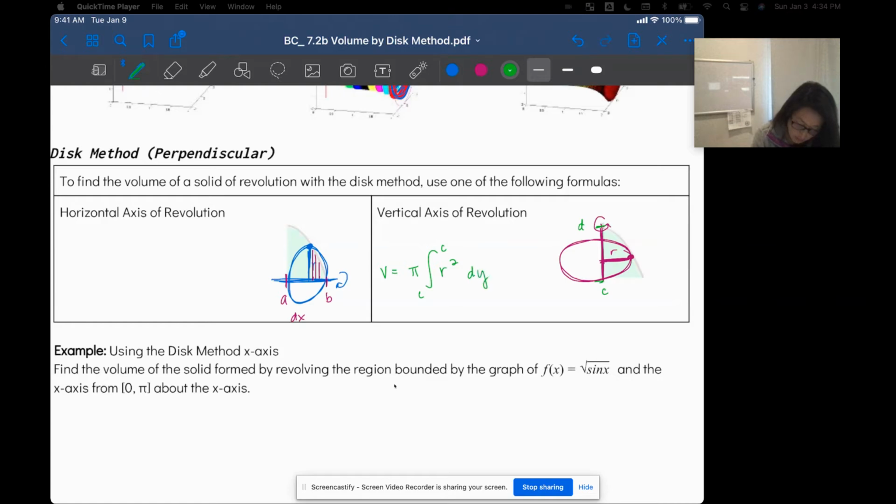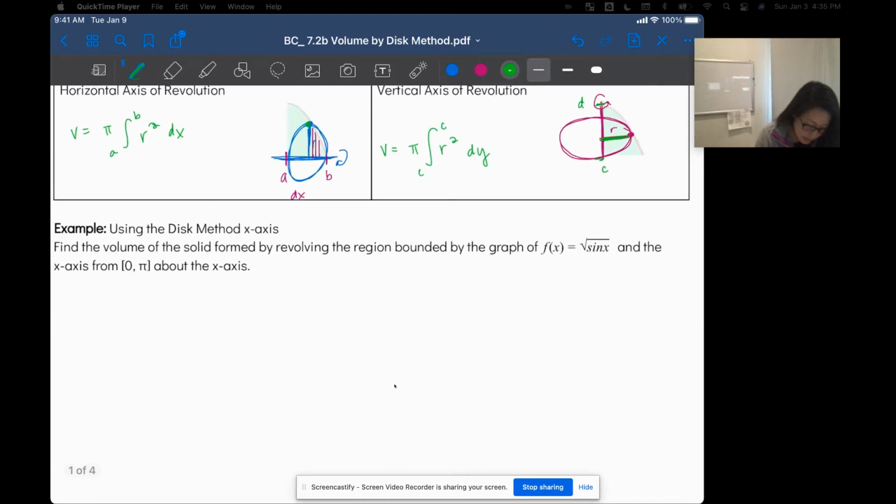And with a vertical axis of rotation or revolution, we use our equations in terms of y, because we're cutting our radius horizontally. For a horizontal axis of revolution or rotation, the volume is equal to pi times the integral from A to B of r squared dx. And in this case, it'd be top curve minus bottom curve.